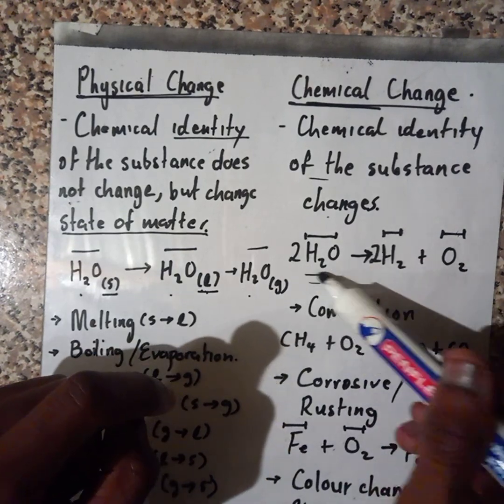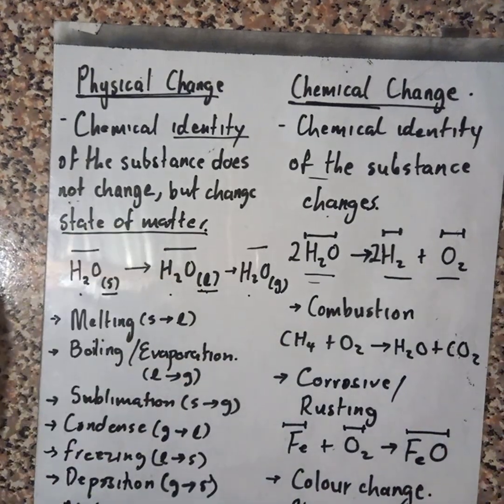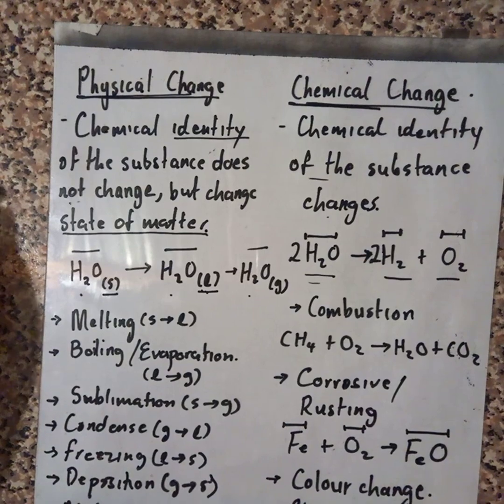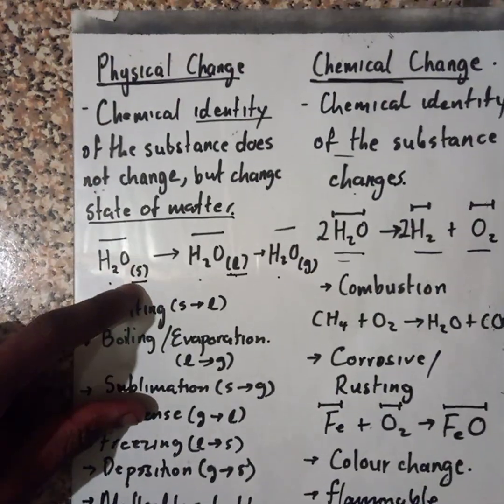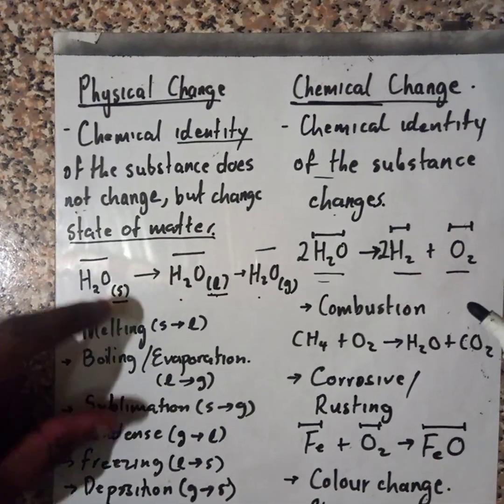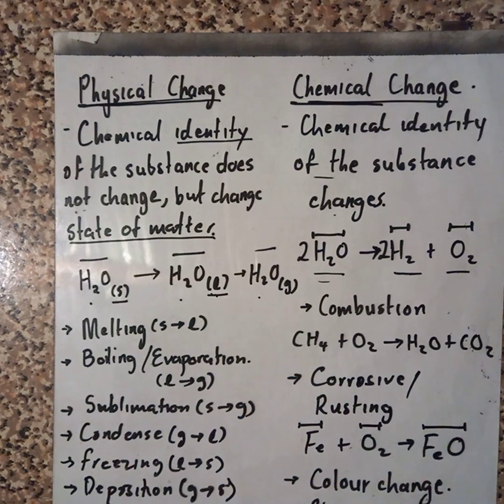Like here we had water, but on our right hand side two different elements, hydrogen as well as oxygen. At this point I wanted to clarify the difference between the physical change as well as the chemical change. I thank you fellows and enjoy.